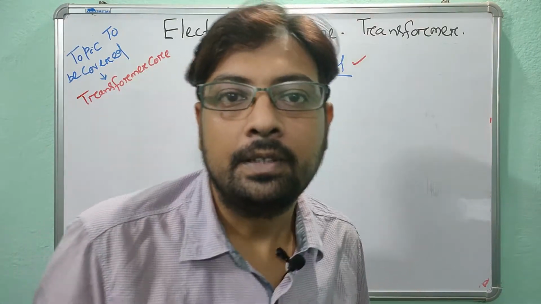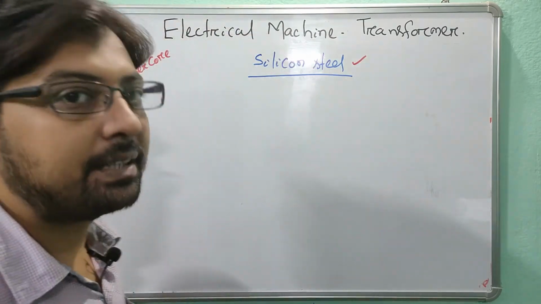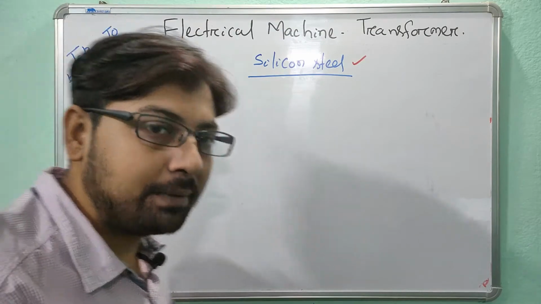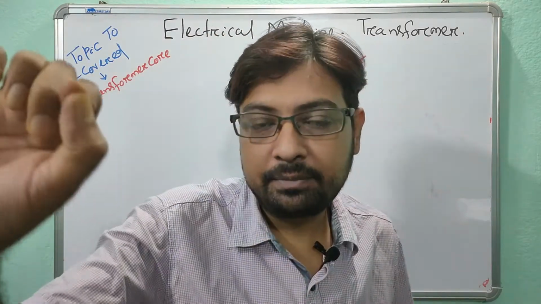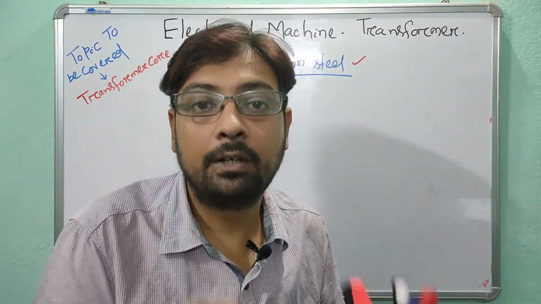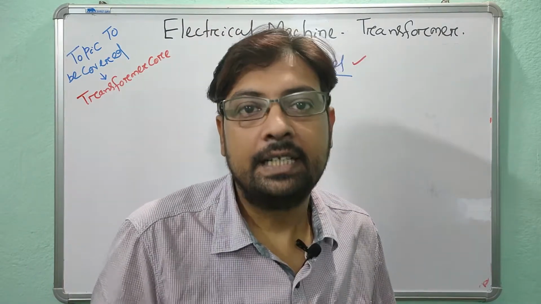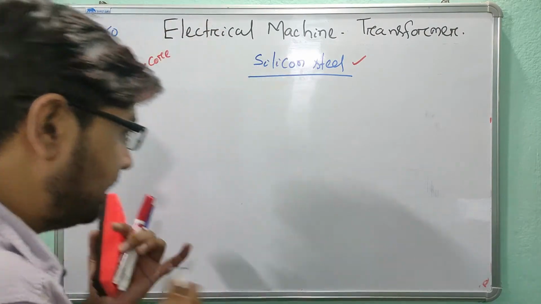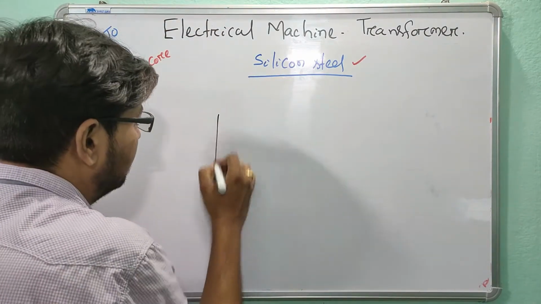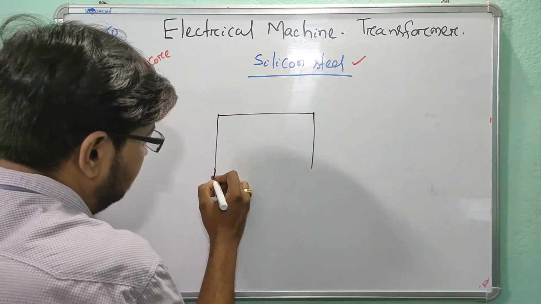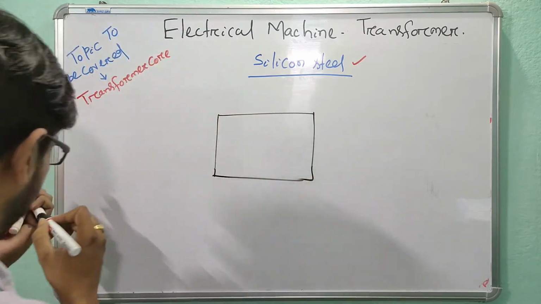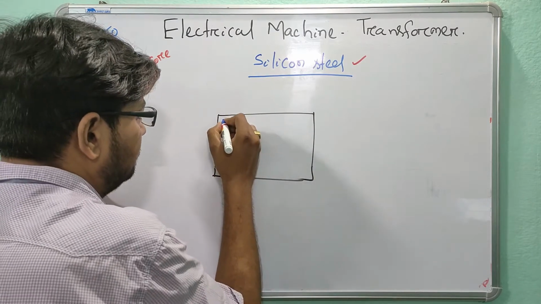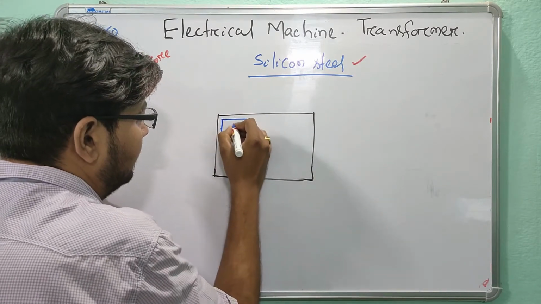Now practically the grains of the silicon steel are irregularly arranged, so some grains are of high permeability and some grains are of low permeability, so the overall permeability of the silicon steel is reduced. For that we draw a figure. If it is a silicon steel, then this is my grain 1.